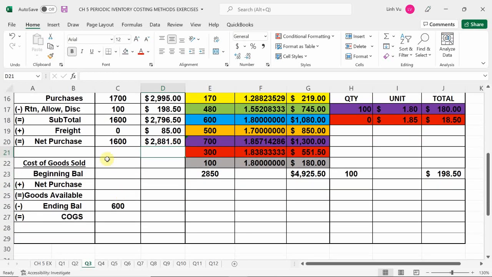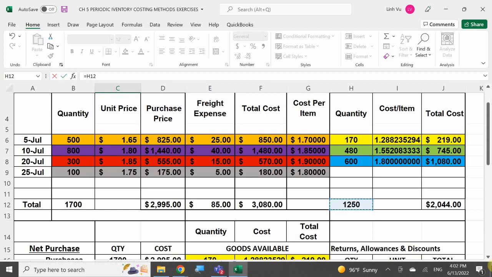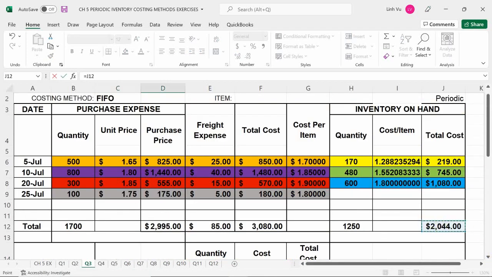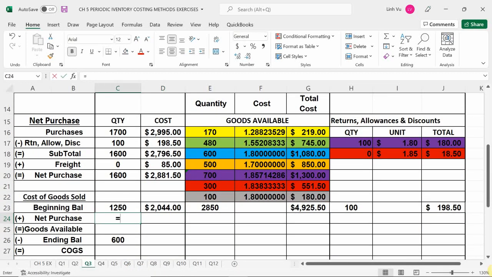Okay. I have to now include my total beginning inventory. In this case, right from my previous worksheet, I had 1,250 units at a grand total of $2,044. Okay? I need to carry down my net purchases that I calculated from above, so 1,600 at that $2,881.50, and I should now get a total goods available of 2,850 units at a grand total cost of $4,925.50.